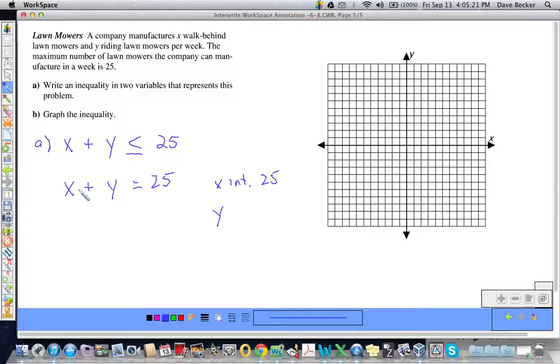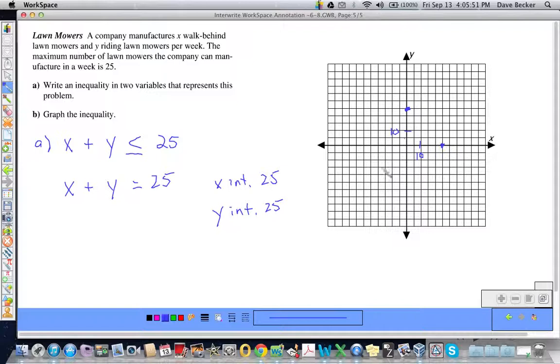And if x equals 0, 0 plus y equals 25, y equals 25. So let's see, I'm going to say that each of these are worth 5. So 5, 10, 15, 20, 25 here. And I'll make this 5, 10, 15, 20, 25.